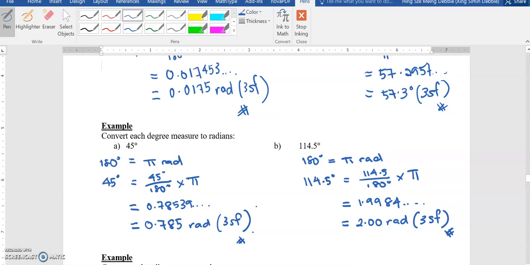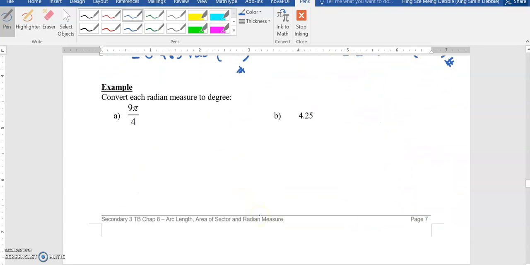If you can convert degrees to radians, I'm sure you can do the opposite, which is to convert radians into degrees. Now we know that pi radians is equal to 180 degrees. If you look at 9/4 pi, re-expressed, it is 2 1/4 pi.